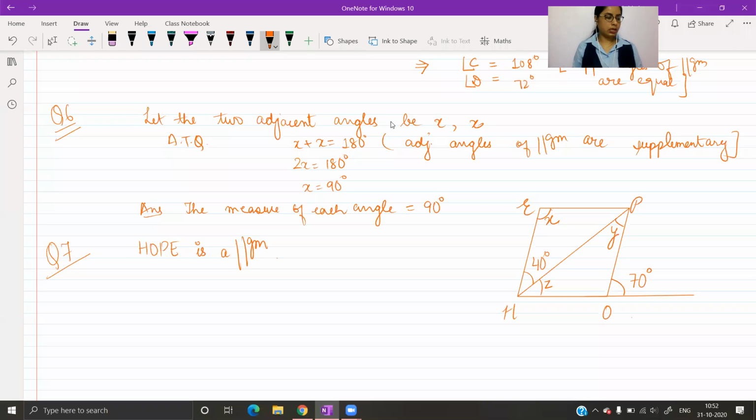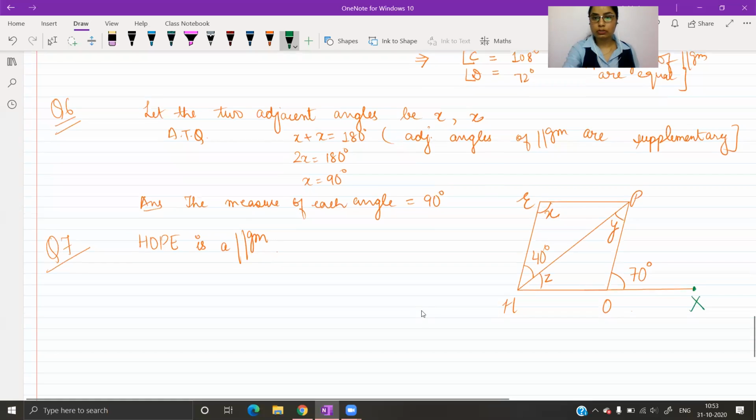In the 7th question, the parallelogram is named as HOPE. If you want, you can name this point here, which is not given in the book, as X, just in case we want to name any angle using the arm. So HOPE here is a parallelogram. You have to find out the measures for the angles represented by X, Y, and Z. And then you also have to state the properties you use to find them. Well, we have been writing down the properties every time we have solved a question. We will make sure that we write those properties in this question as well.